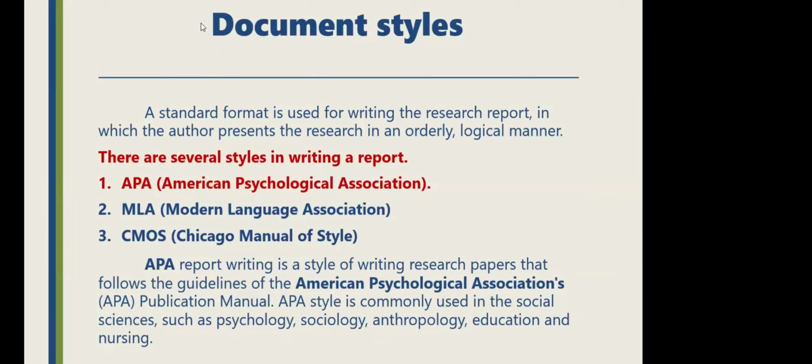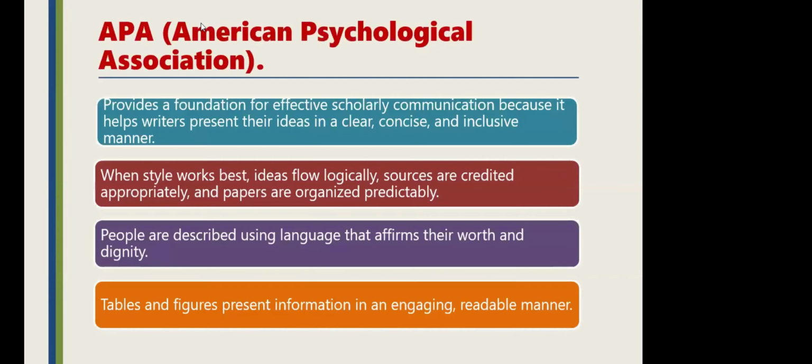The next is CMOS style, which is abbreviated from Chicago Manual of Style. This style is very popular for researchers working in business, history, and fine arts. It offers two citation systems, that is notes and bibliography, which is used in humanities, and author-date, which is used in sciences.